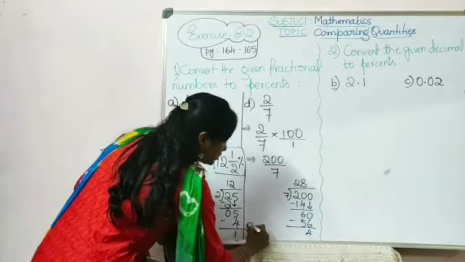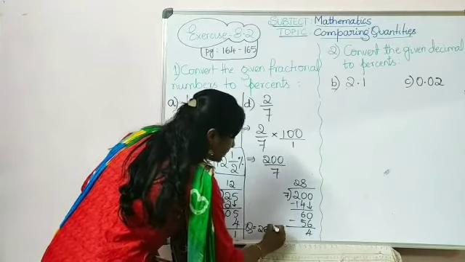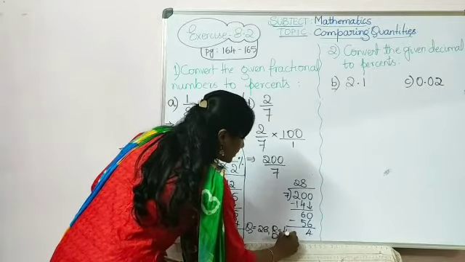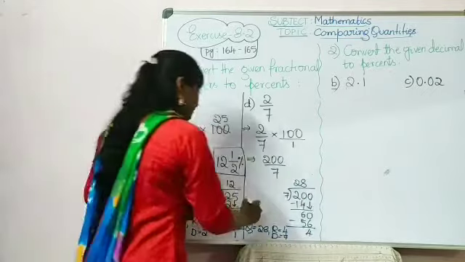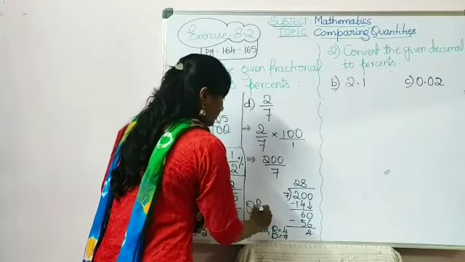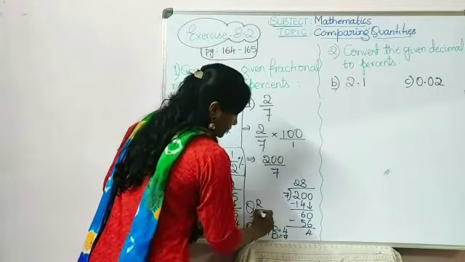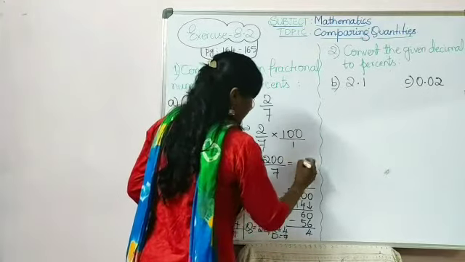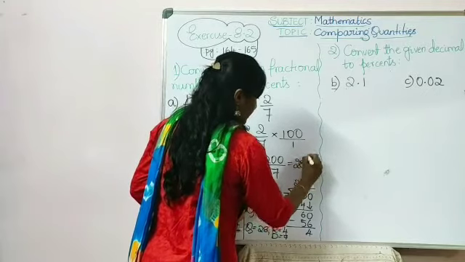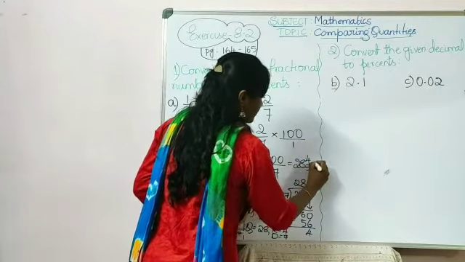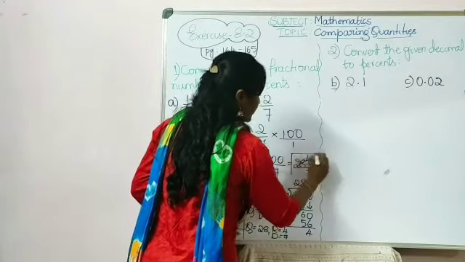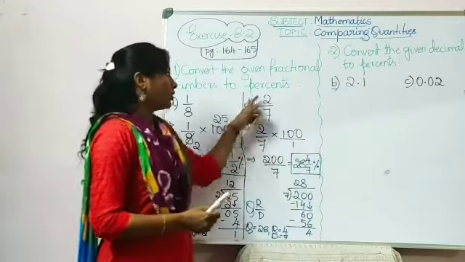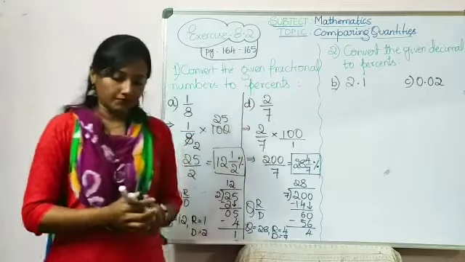So here the quotient is 28, the remainder is 4, and the divisor is 7. When we express the fraction as a mixed fraction, we get Q R by D, that is 28 4 by 7%. So 28 4 by 7% is the answer for 2 by 7.